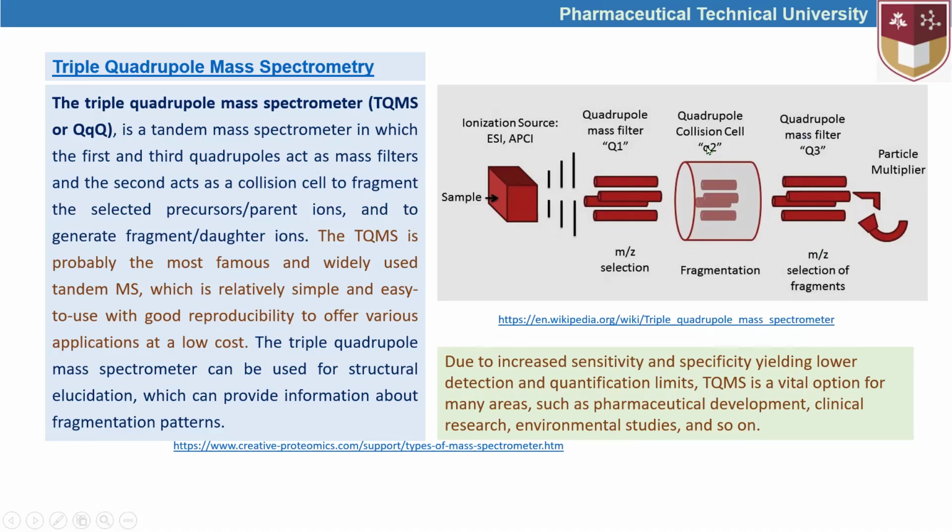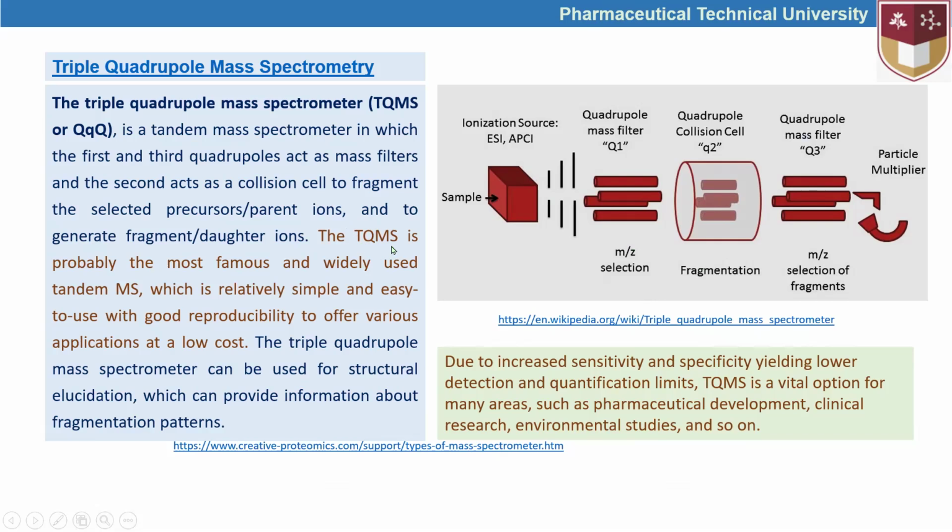In the collision cell, fragmentation happens, to fragment the selected precursor parent ions and to generate fragment daughter ions. So by using triple quadrupole mass spectrometry, the fragments of daughter ions can be identified and quantified.